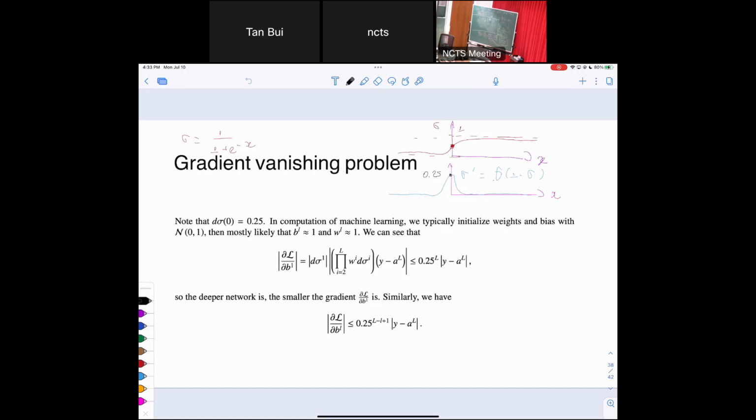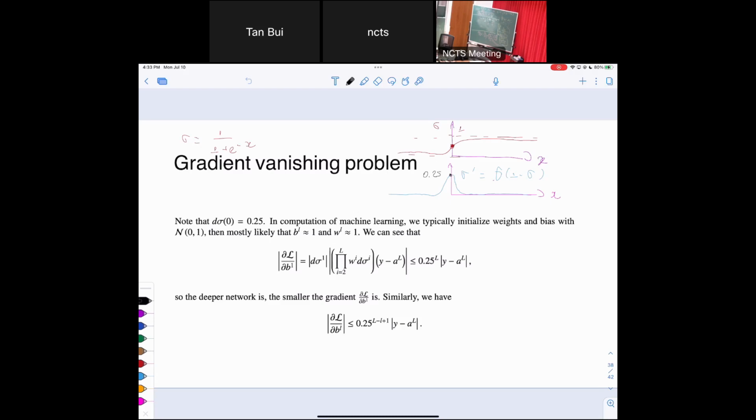You cannot learn the input layer or layers close to it. The upstream layers are harder to train, but the downstream layers are easier because the gradient is non-zero and changing. The gradient for the weights and biases upstream is so small, with only 16 layers.